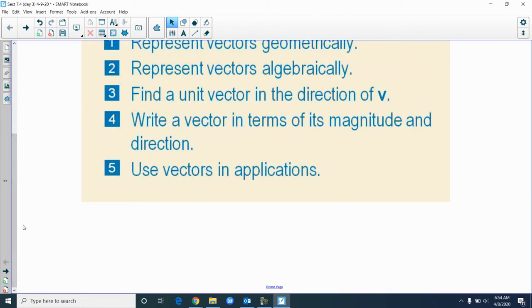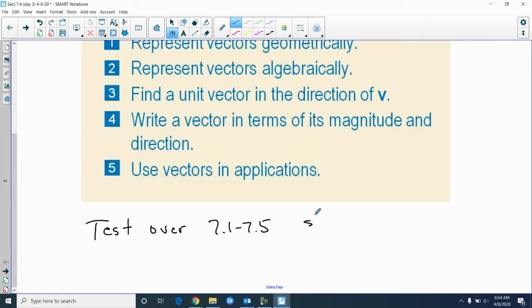I believe it is next Thursday, over 7.1 to 7.5. Now we did skip 7.3, and that's fine. We're not going to go back to it at all, so don't even worry about 7.3.